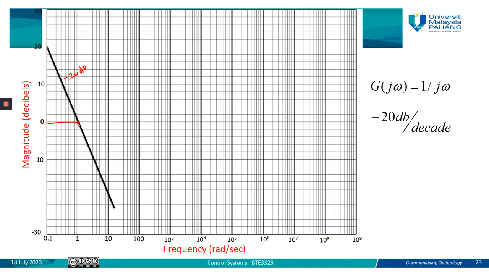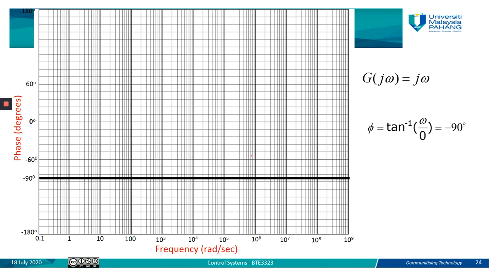Then from this point to the next decade, which is 10, we have negative 20 dB again. It will decrement by negative 20 dB. So when we reach 100, the frequency of 100 hertz or 100 radian per second, for example, you are going to have negative 60 dB. Okay, so this is how to draw the magnitude.